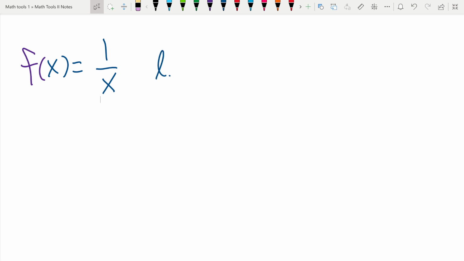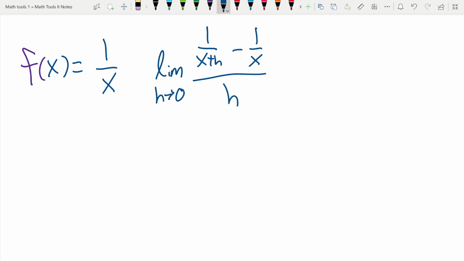So let's go ahead and look at the limit as h approaches 0 of 1 over x plus h minus 1 over x, all over h. So we'll find a common denominator here. That means we'll multiply this by x plus h over x plus h and this by x over x.